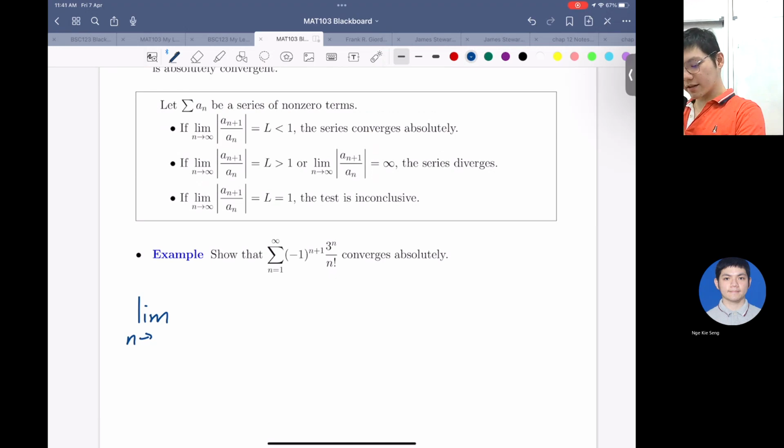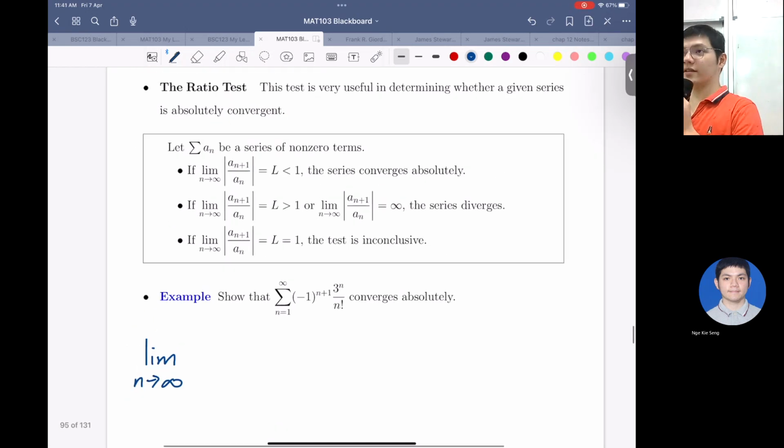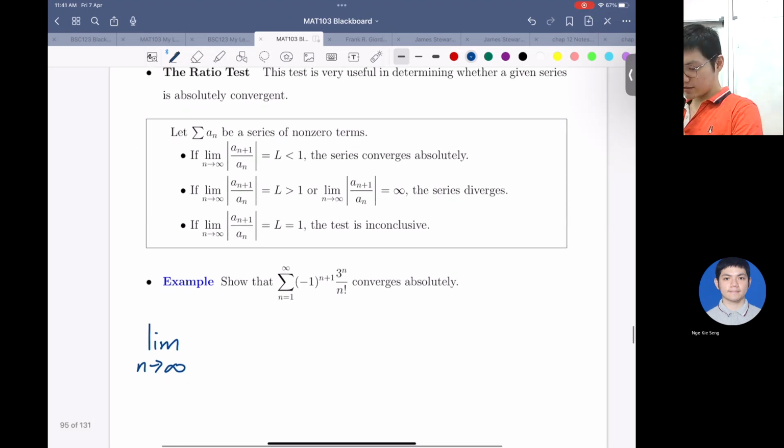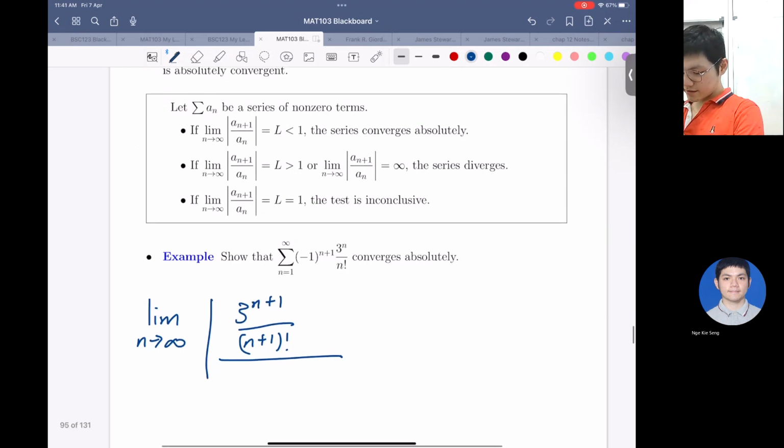I think the first method I would use is this ratio test. I think the ratio test is quite useful most of the time. So I would recommend this ratio test for the first try.